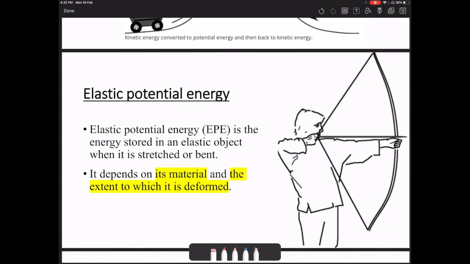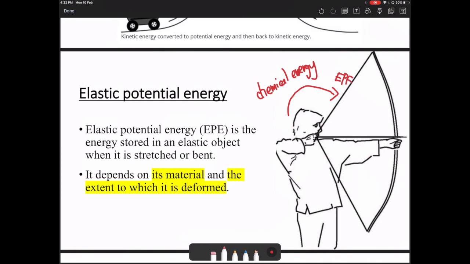Let me write it down. When you pull the bow, your chemical energy is being converted into the elastic potential energy of the bow. At the moment you release the bow, this elastic potential energy is being transferred to the kinetic energy of the arrow.